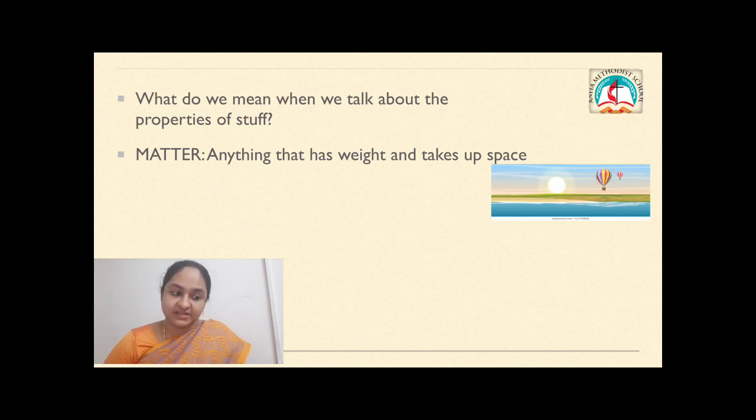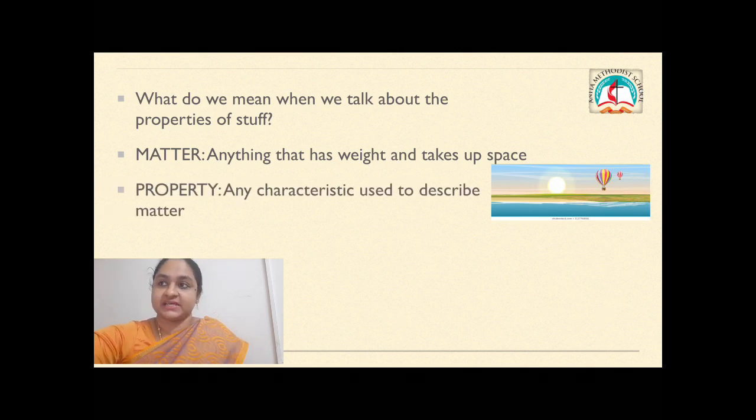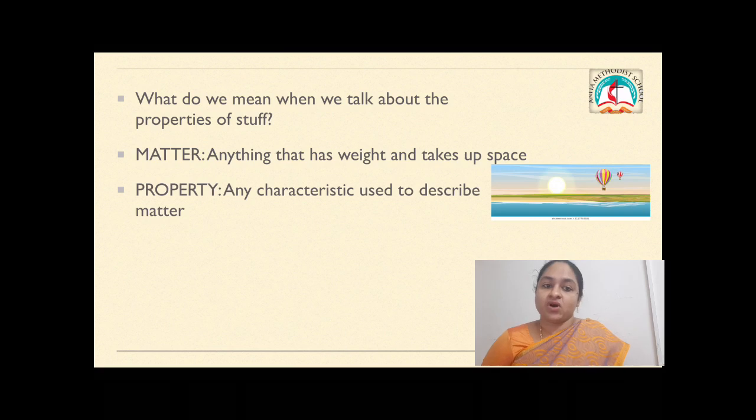Everything is made of matter, and a property of matter is just any characteristic like how it looks, feels or acts.